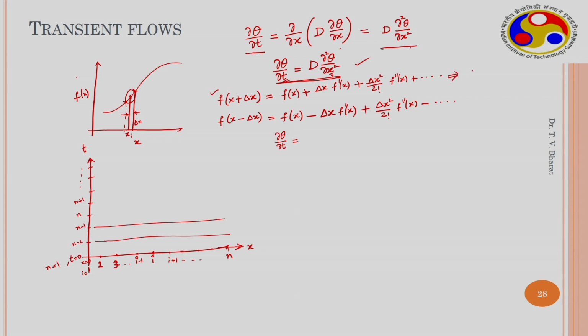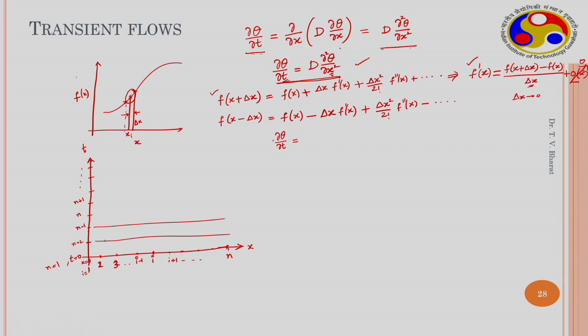So, from this particular equation, f dash of x can be written as f of x plus delta x minus f of x divided by delta x plus some higher order terms. So, if I consider a delta x term which is very small, delta x approaches 0, very small delta x, then these higher order terms can be ignored. So, when you ignore, essentially the slope or the derivative of the function can be approximated into a difference form like this.